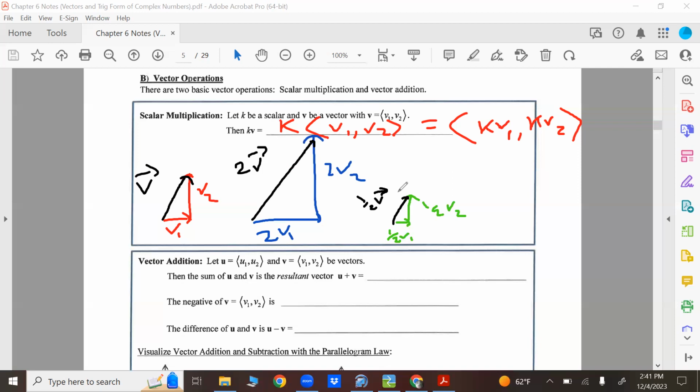Those are the components: V1 is the horizontal component, V2 is the vertical component, and that's V. If I decide to double V, then I double the components, which doubles the hypotenuse too, because these are similar triangles. Or if I take half of V, the components also go down. So it's just a scale. That's all it is.